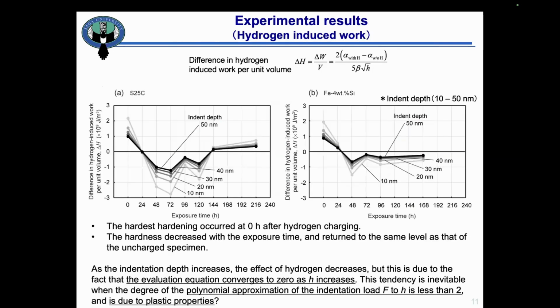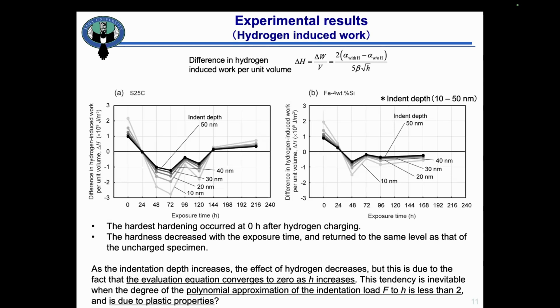And this is the result of the previous slide. The horizontal axis is the exposure time, and the vertical axis is the difference in hydrogen-induced work per unit volume, calculated by this equation. The hardest hardening occurs at 0 hour. The indentation depth is changed from 10 to 50 nanometers, because this equation is a function of the indentation depth h.